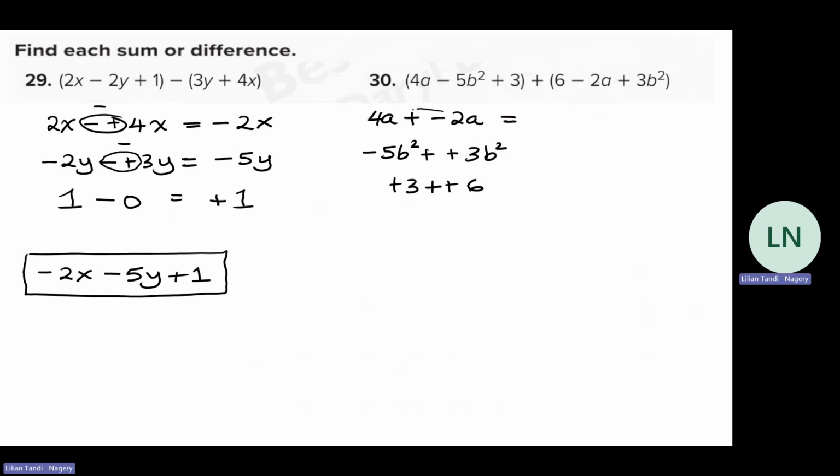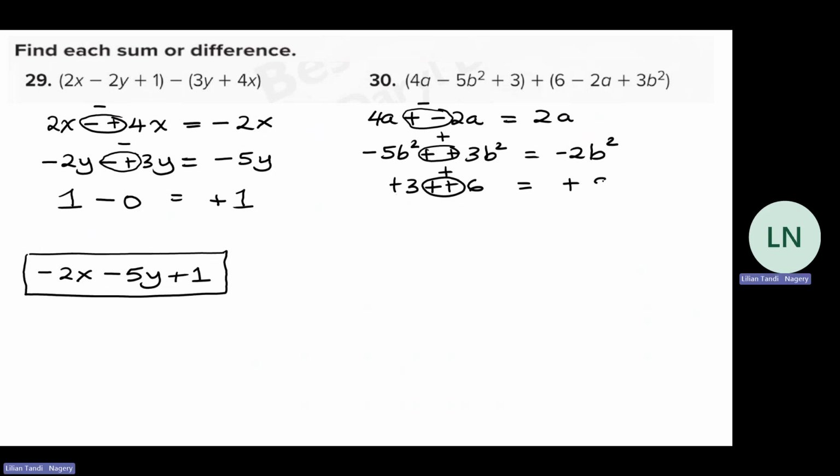Okay, this becomes minus. 4a minus 2a is 2a. This becomes plus. Negative 5 plus 3 is negative 2. And then I bring the b squared. This becomes plus.